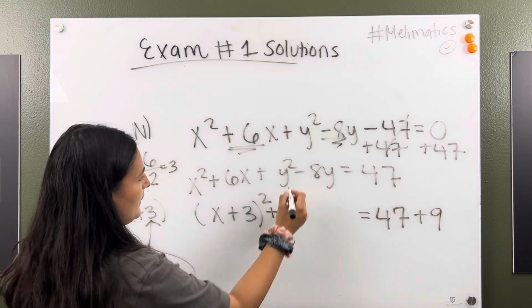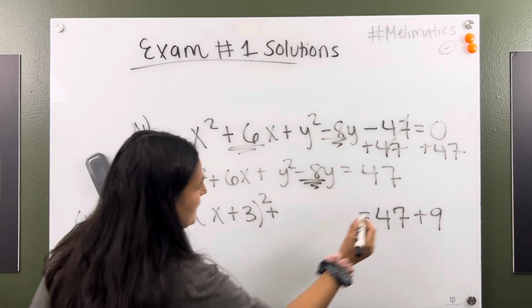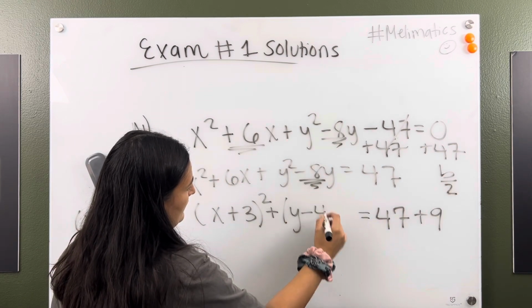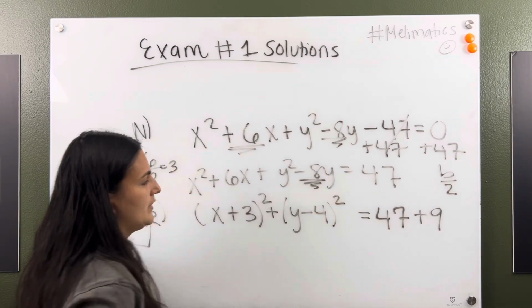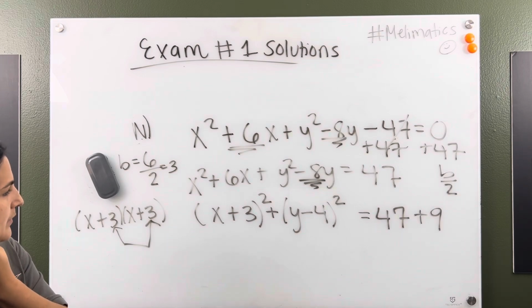Okay, and then over here, same thing, I'm going to get b, which is -8, divided by 2, and use that as my complete the square, right? So that's y minus 4 squared that we're going to be using.